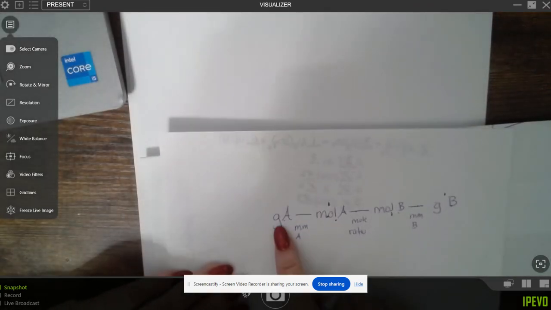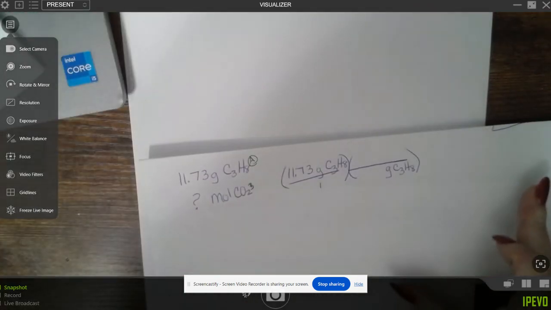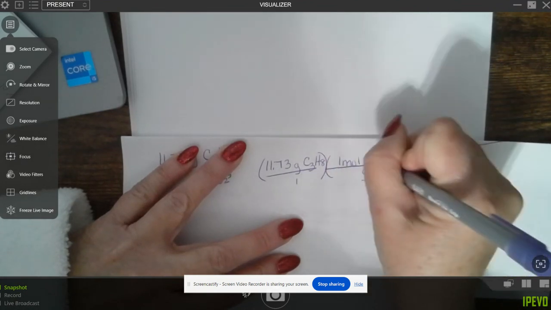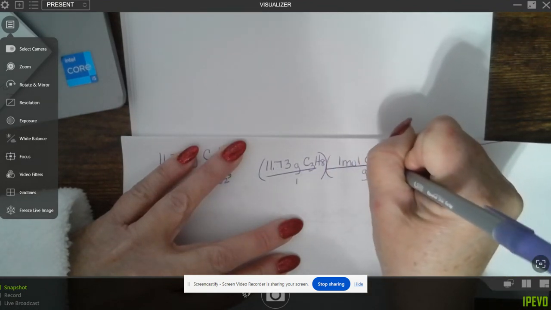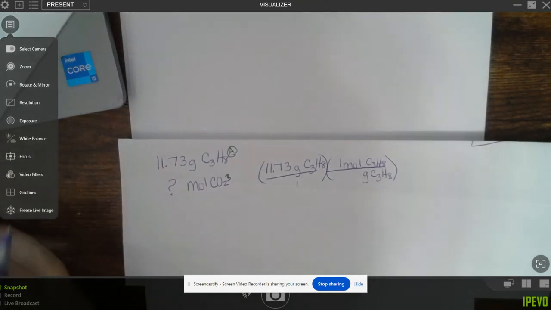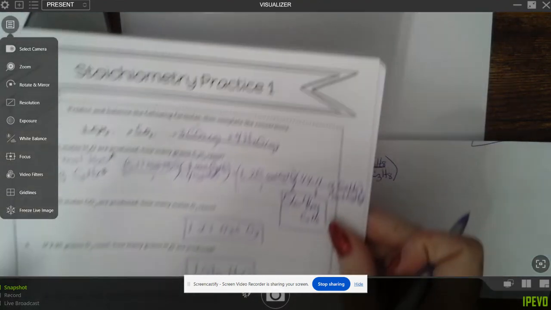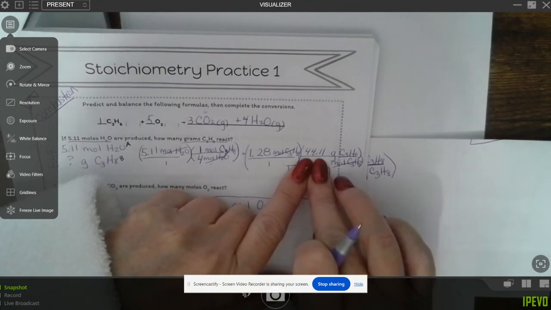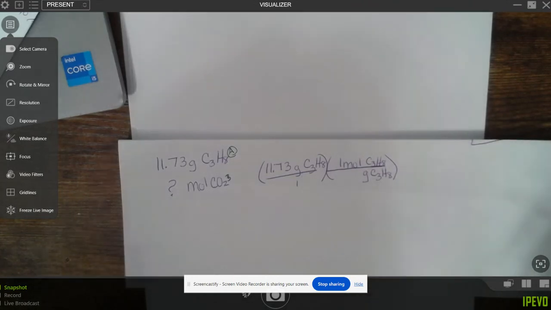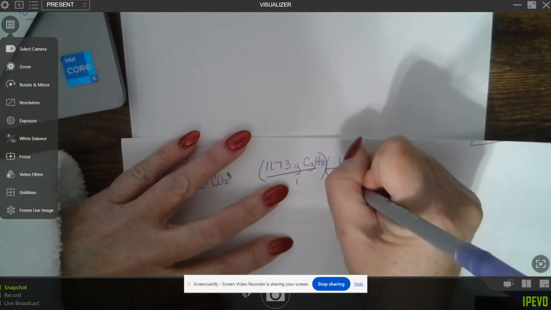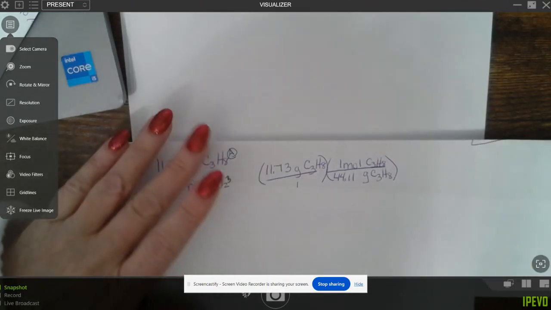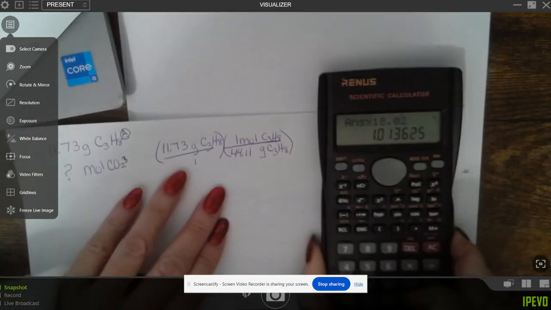I'm going from grams of A to moles of A. So to do that, we know up here has to be 1 mole of C3H8. And the molar mass, you know what? We looked at the molar mass before, didn't we? Yeah, look, check it out. Up here in question number 1, we figured out the molar mass of C3H8 is 44.11. So I don't have to calculate that again. 44.11 grams of C3H8.